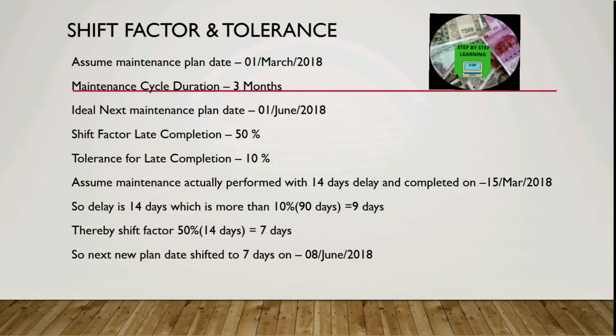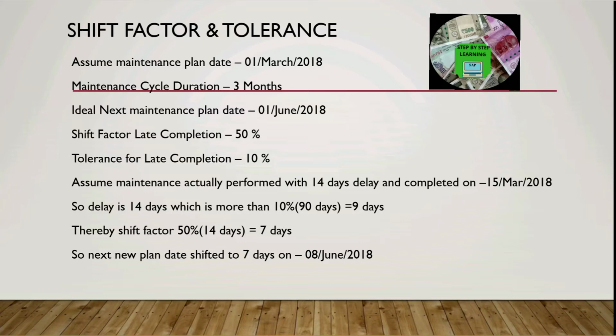Okay. So shift factor late completion and tolerance for late completion. These data you need to define in the maintenance strategy. So I am defining, for example, 50 percentage and tolerance as 10 percentage. So how is it affecting this ideal next maintenance plan date?